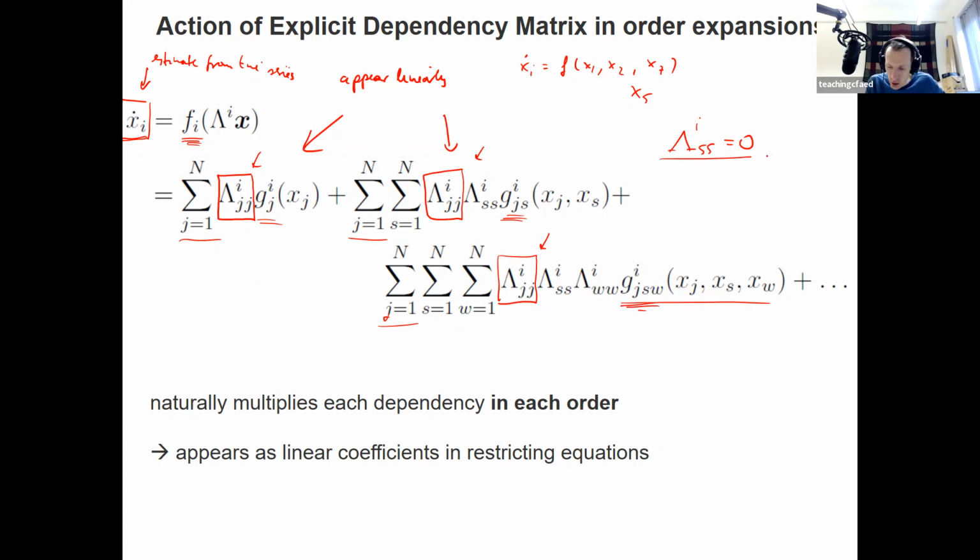So if one thing is 0, it's 0 everywhere. If it's non-zero, it's non-zero everywhere. And it appears as linear coefficients in the restricting equations. The problem is we don't have restricting equations yet because we still have unknown functions, right? These are unknown.